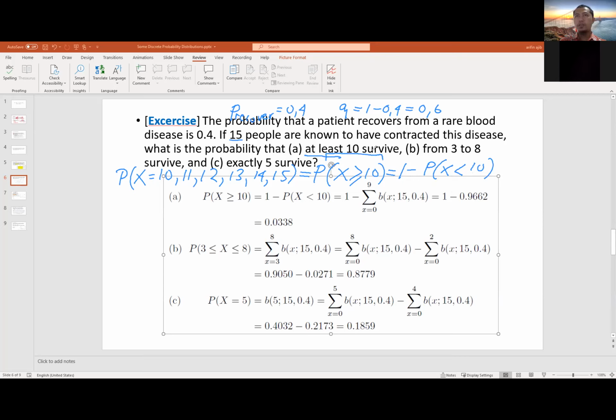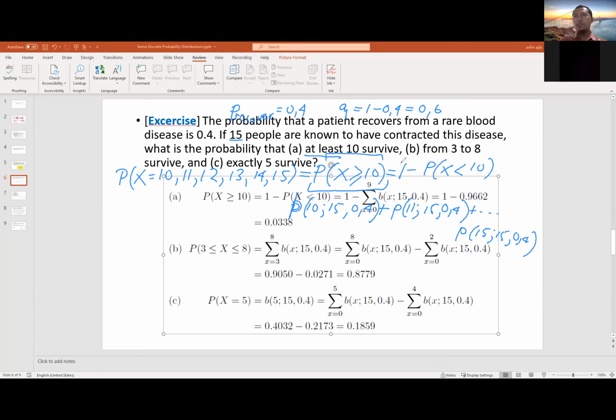From this expression, for example, we can write the probability B(10; 15, 0.4) plus the probability B(11; 15, 0.4), and so on until the probability B(15; 15, 0.4).